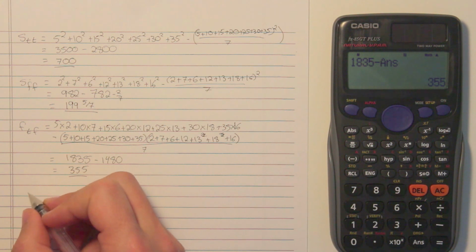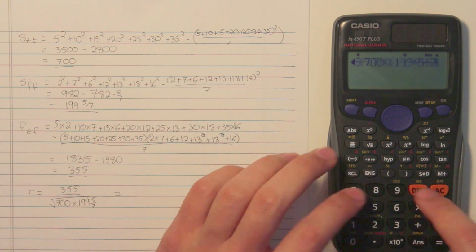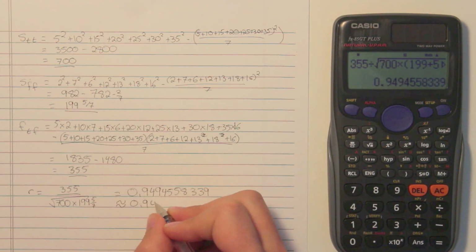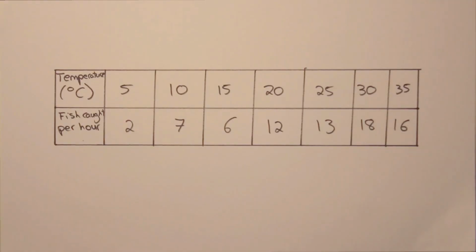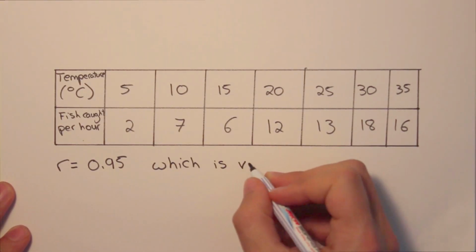Now that we have these values, we can use the formula for the product-moment correlation coefficient. In an exam question, you might be asked to interpret the value of R, which in this case is 0.9495, or 0.950 to 3 significant figures.